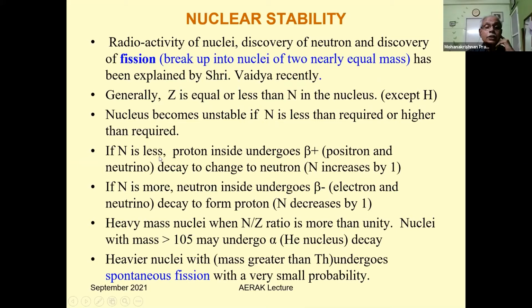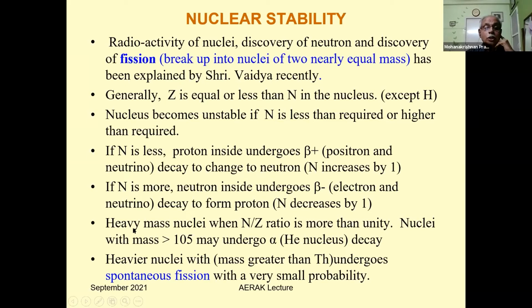If the neutron number is less, a proton inside undergoes beta plus decay, that is, positron emission, the positron being the antiparticle of the electron with a positive charge, and becomes a neutron. And if there are more neutrons than required, then a neutron undergoes beta minus decay and becomes a proton.